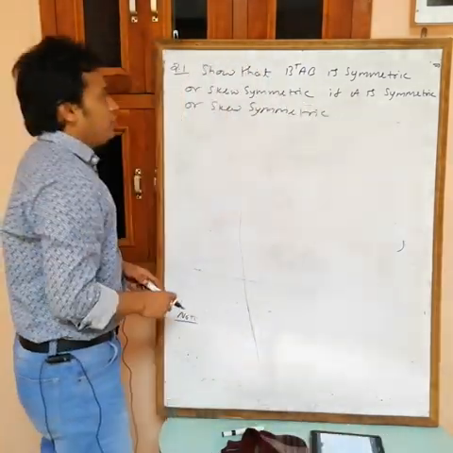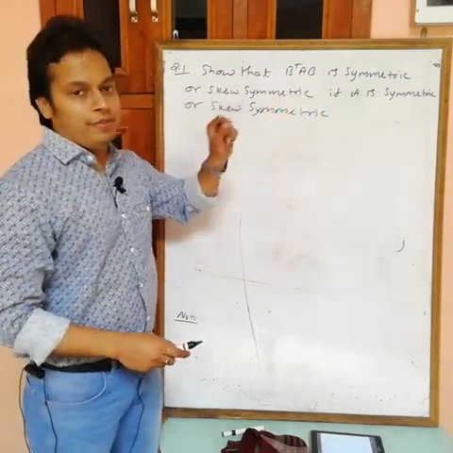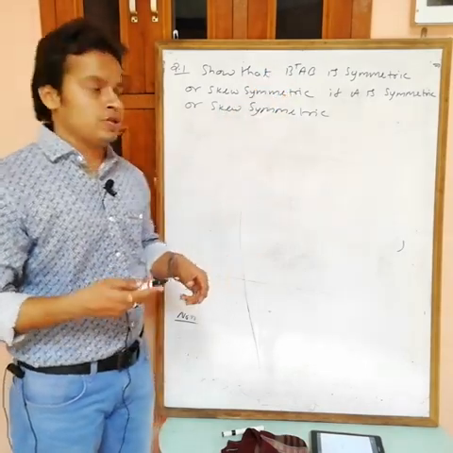Now you want to prove that this matrix is symmetric if A is symmetric, and this matrix becomes skew symmetric if A is skew symmetric.